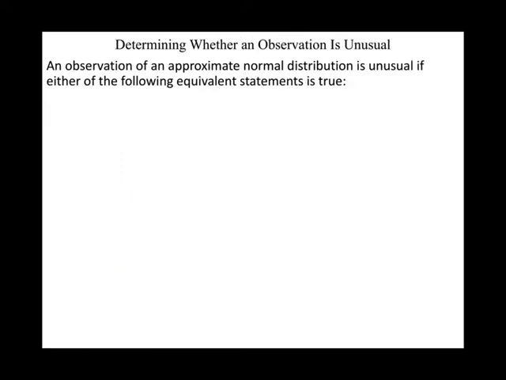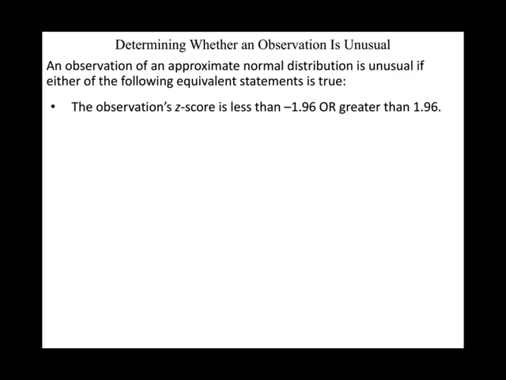Determine whether an observation is unusual. An observation of an approximately normal distribution is unusual if either of the following equivalent statements is true. First, if we find the z-score is less than negative 1.96 or greater than positive 1.96, we know the value is unusual.